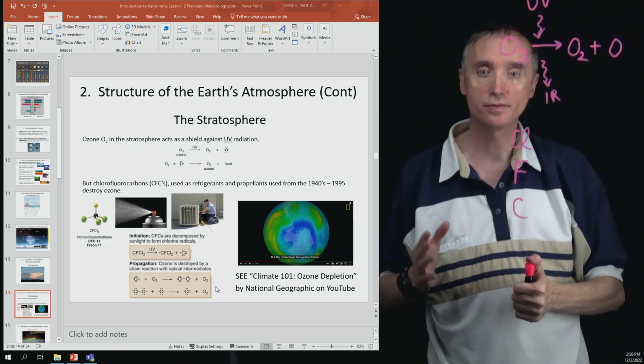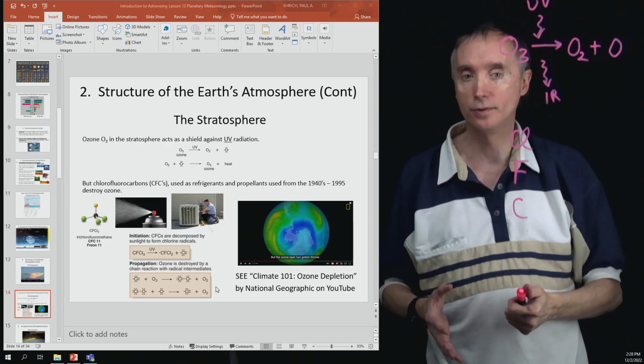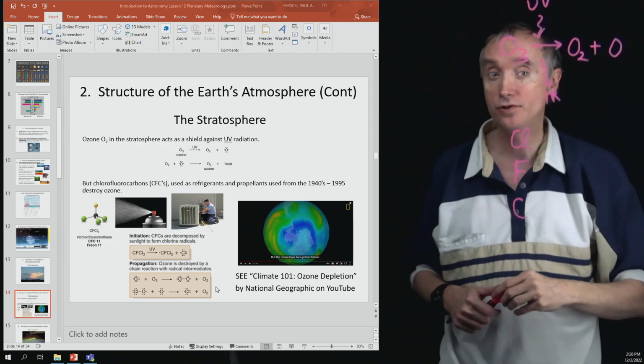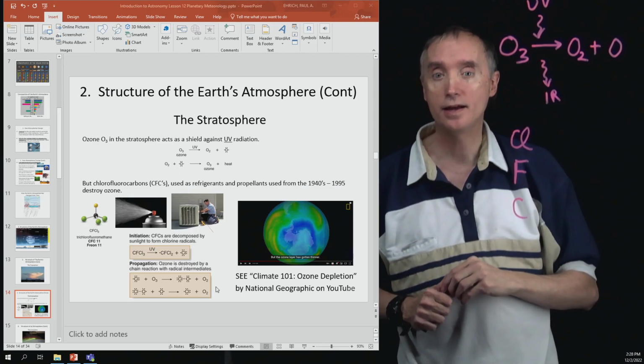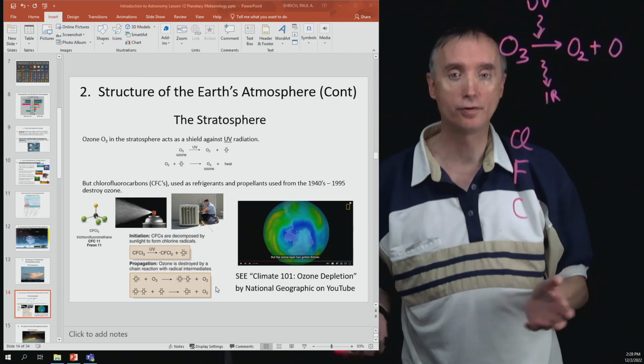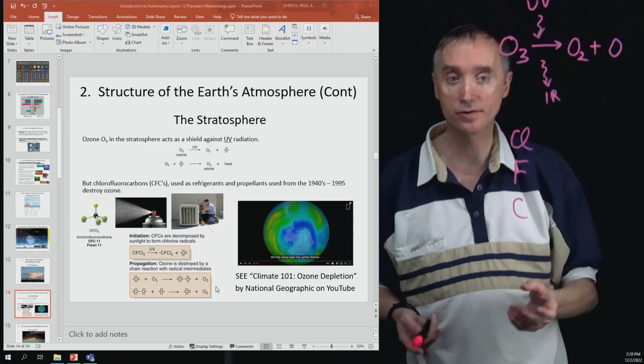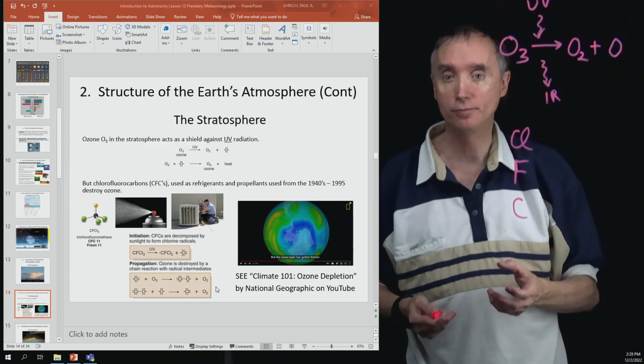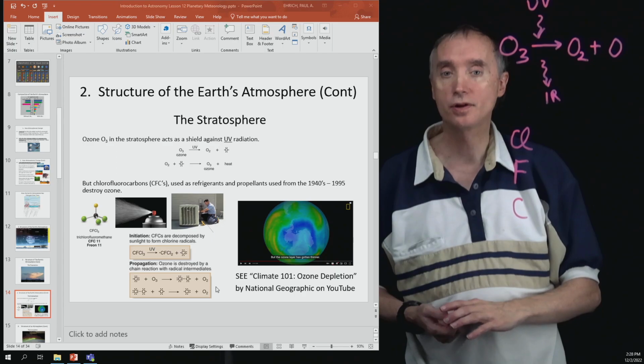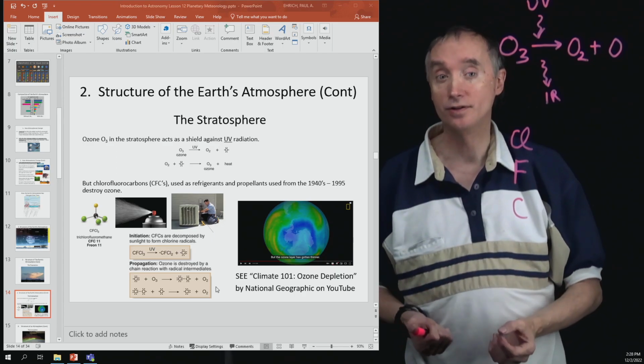Now, we used chlorofluorocarbons because they were very cheap to make, and they could be used in a wide variety of things. Like aerosol cans, they made very good propellants. Also, they were very good in air conditioners.